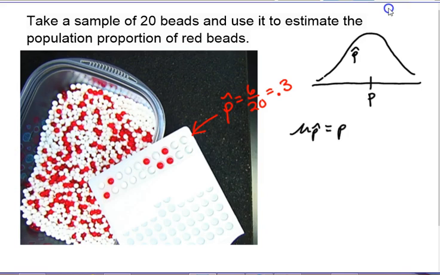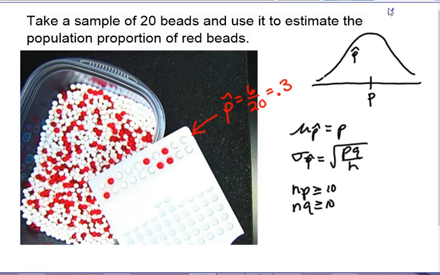So I would expect that to be in the center, and that the standard deviation of all of my p hats is the square root of pq over n, and that it's approximately normal if np and nq are both greater than or equal to 10.